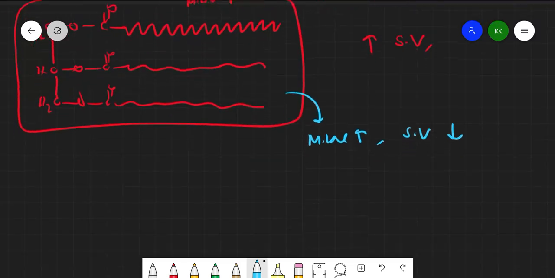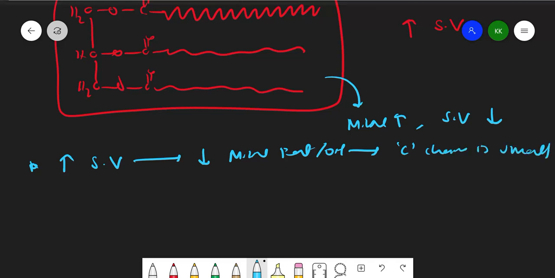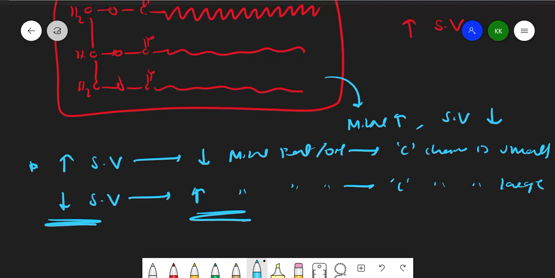You can remember it like that. Greater the saponification value, smaller will be the molecular weight of fat or oil, meaning its carbon chain is small. Or smaller the saponification value, greater will be the molecular weight of fat and oil. It means the carbon chain is large, because of which the molecular weight is greater, so the saponification value is smaller. So that is the importance of this saponification value.